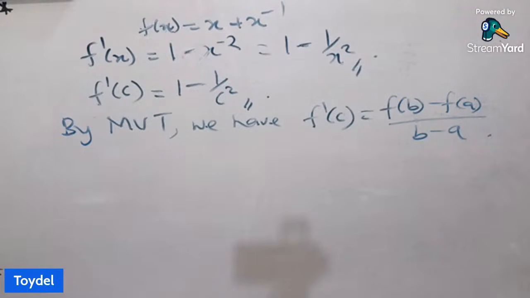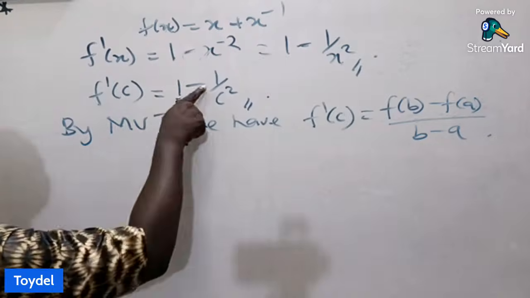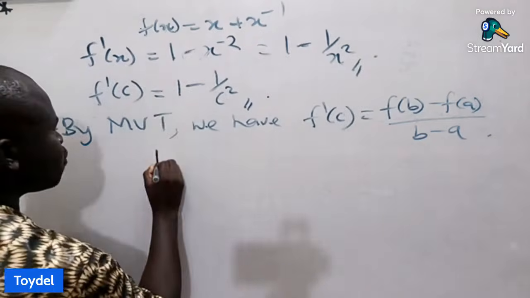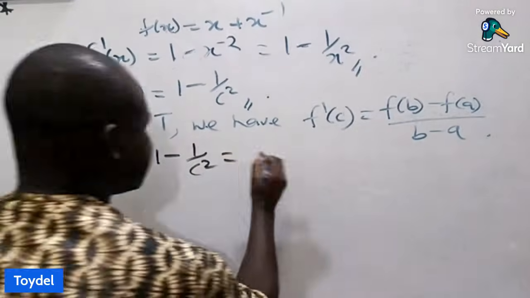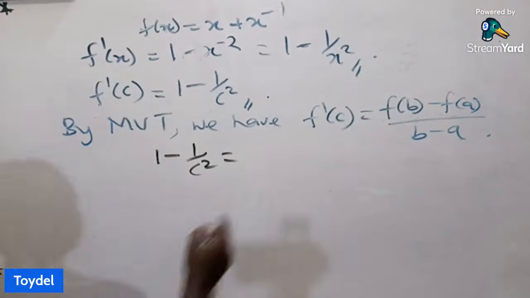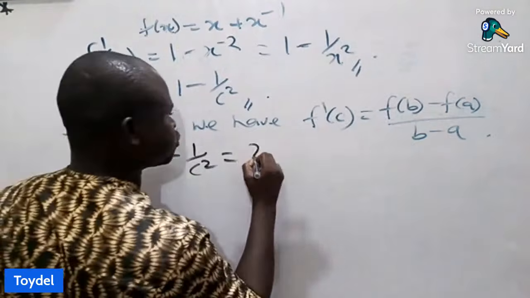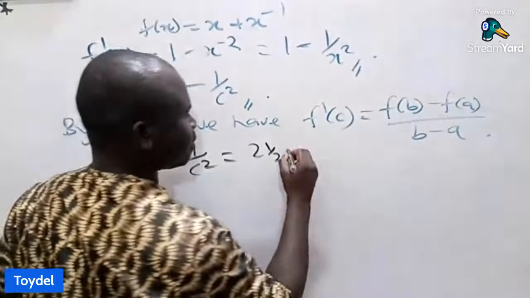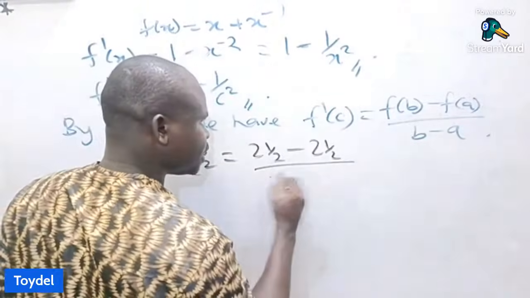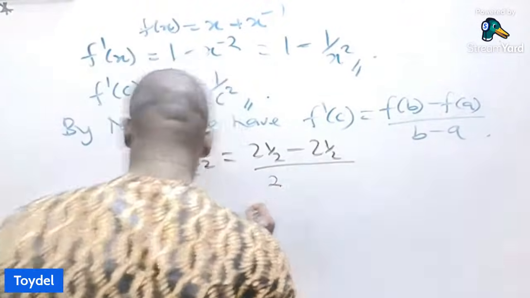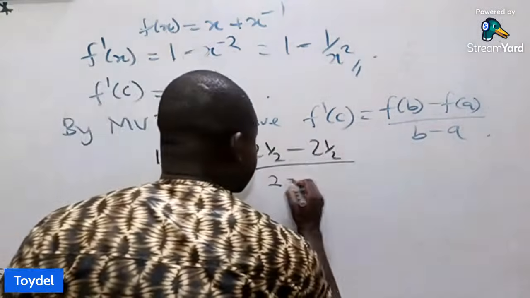Then if that is the case, what is f prime of c? f prime of c is given as 1 minus 1 all over c squared. That is the same thing as f of b minus f of a all over b minus a. We have gotten the value of f of b to be 2.5, minus f of a, which is also 2.5, all over b, which is 2, minus a, which is half.